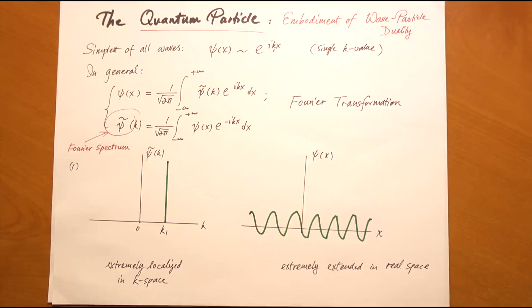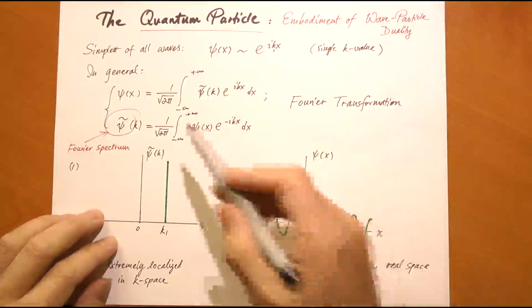Okay, so here is a wave with a single value of k, or a single value of the wavelength. But in general, if a wave is not a simple harmonic wave, I can still write it down as a sum of simple harmonic waves in this format.